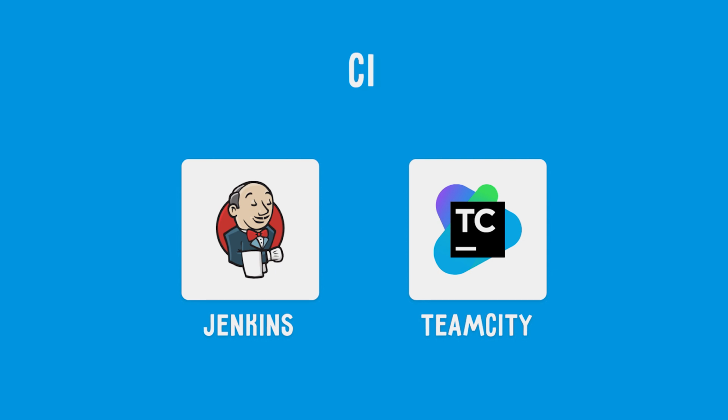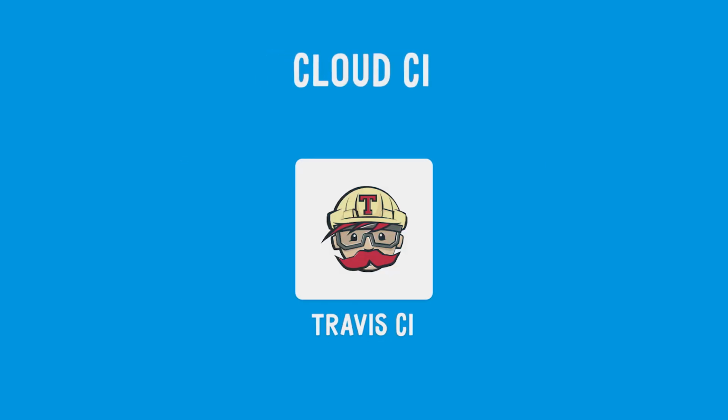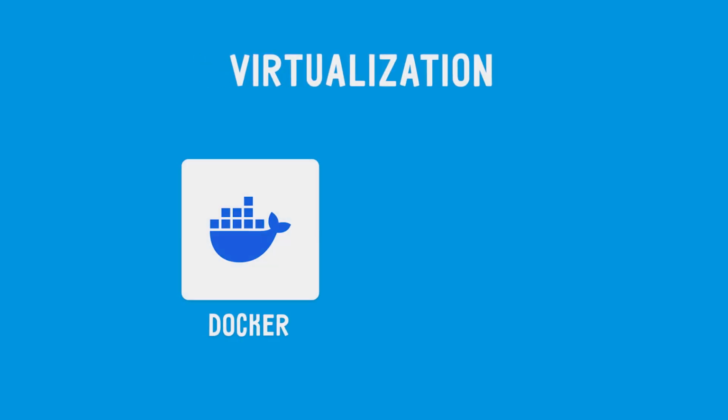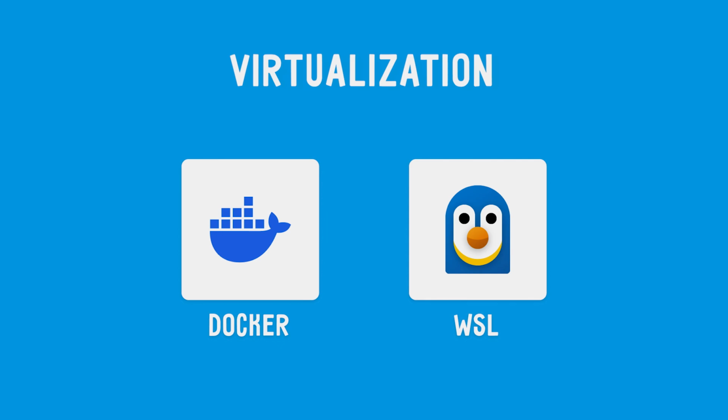To automate static analysis, you can freely run PVS-Studio in Jenkins and TeamCity, as well as in CircleCI, Travis CI, GitLab, Azure DevOps, and GitHub Actions. Wanna use virtualization tools like Docker and WSL? PVS-Studio supports it too. And that's just a quick look at the tools compatible with PVS-Studio.